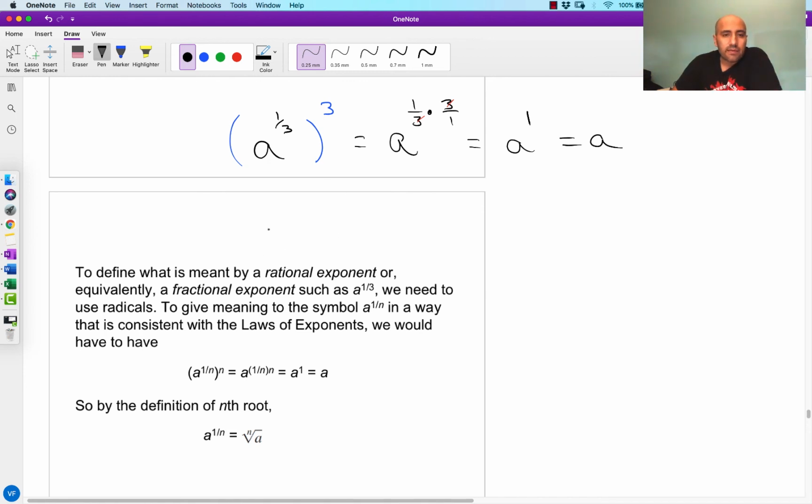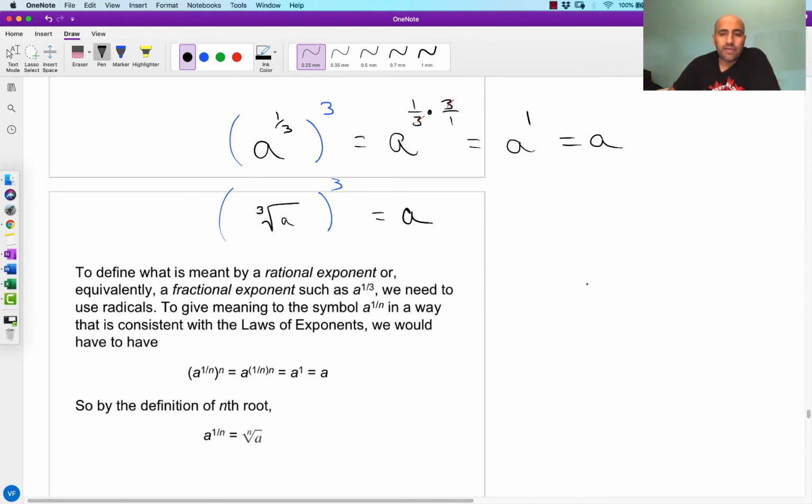Well, isn't that the same thing as this? If I have the cube root of a and I raise it to the power of 3, don't these two operations undo each other? And we end up with exactly whatever is inside there, namely a, right?